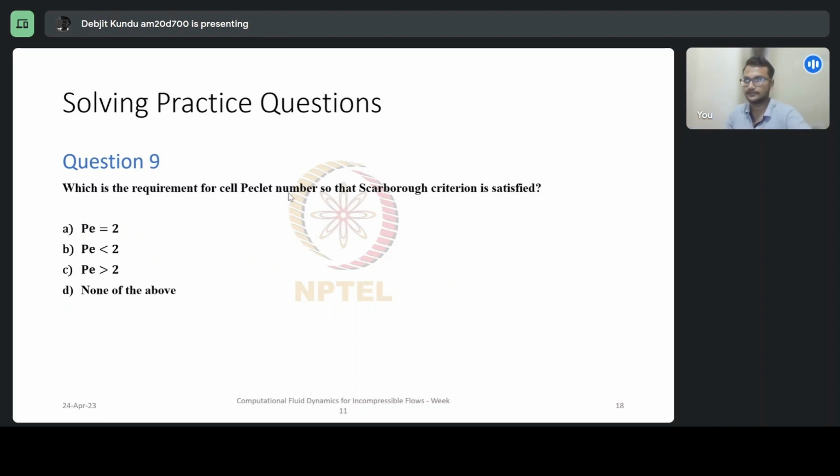So let's have a look at the solution. The solution is option B. Peclet number should be less than 2.